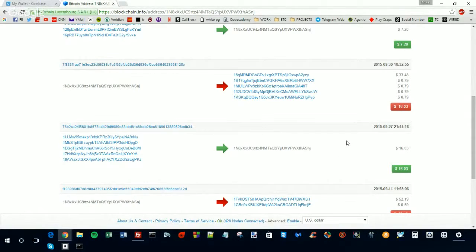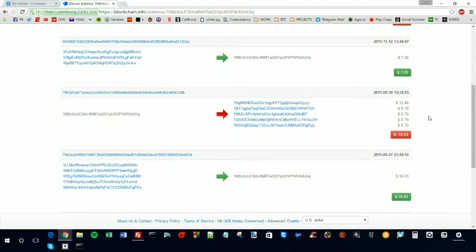Right. Well, it looks like because the top wallet there got $33.48 and the total transaction was minus $16, this transaction was sent to that wallet along with multiple other wallets sending enough to make $33.48. I believe that's what's going on there. Okay. Because that's why it doesn't match.